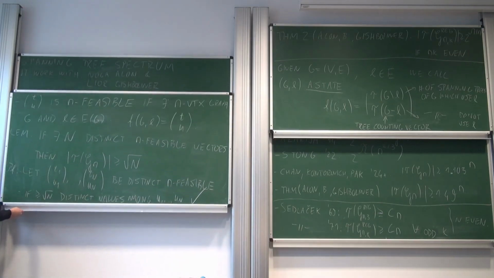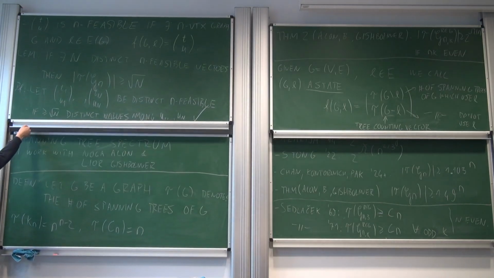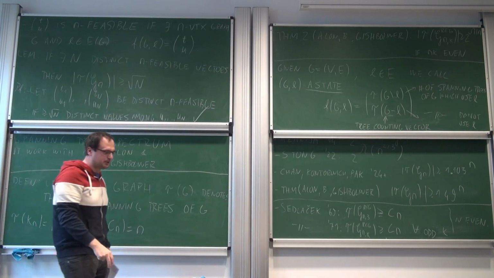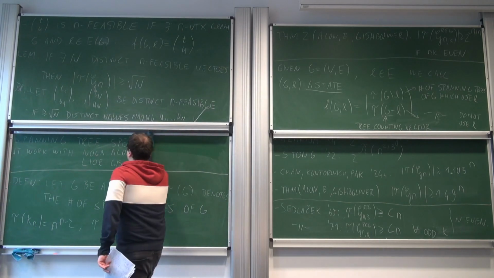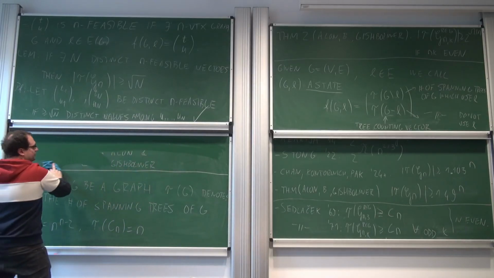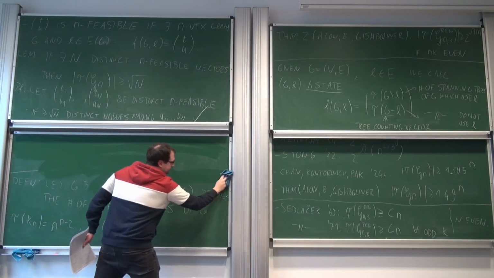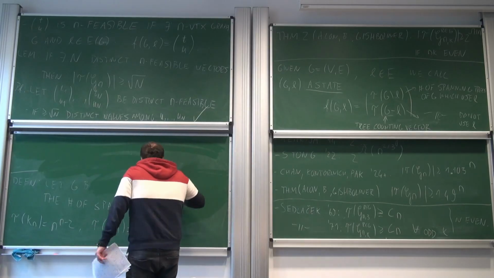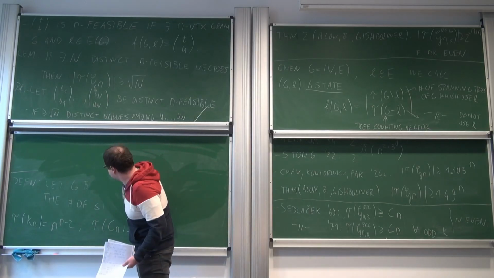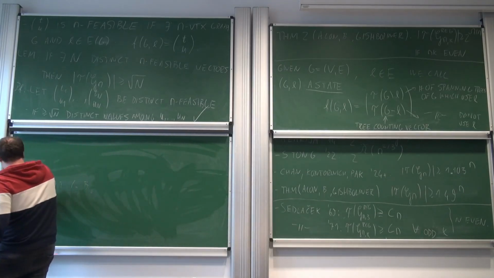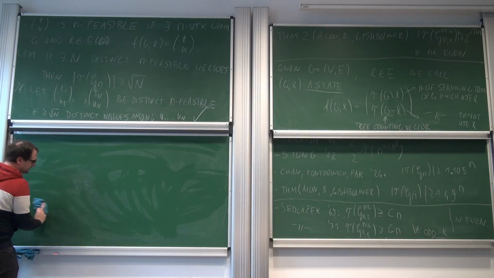Right? So, and if you don't have root n distinct values, that means that one of them appears root n times. Right? You have one value that appears root n times. And since the vectors are distinct, that means that on those root n vectors, you get the first coordinate being distinct.